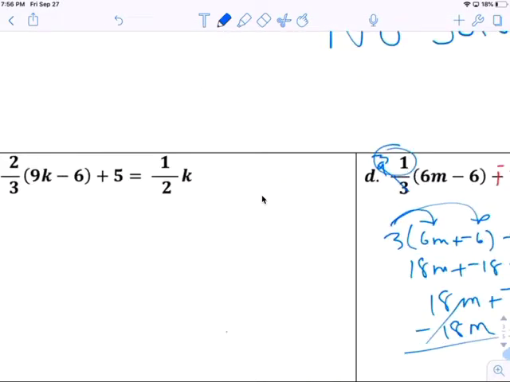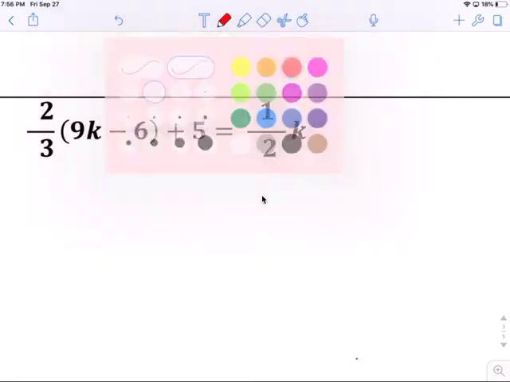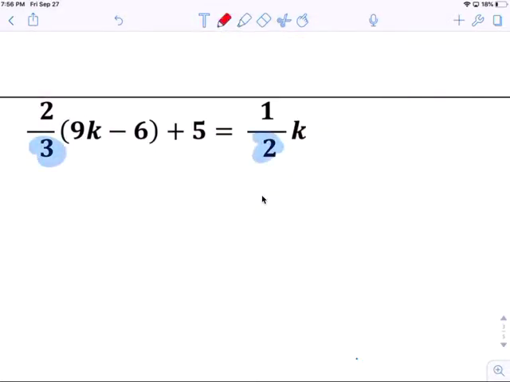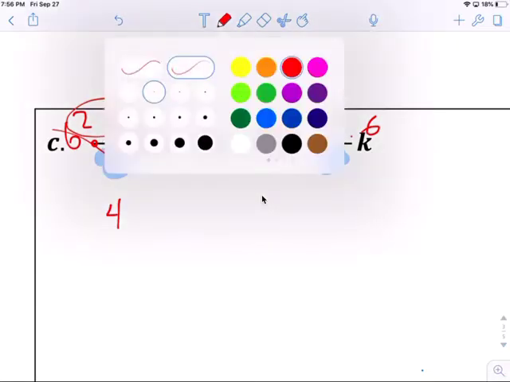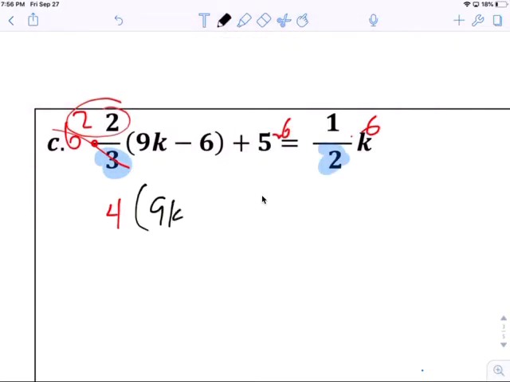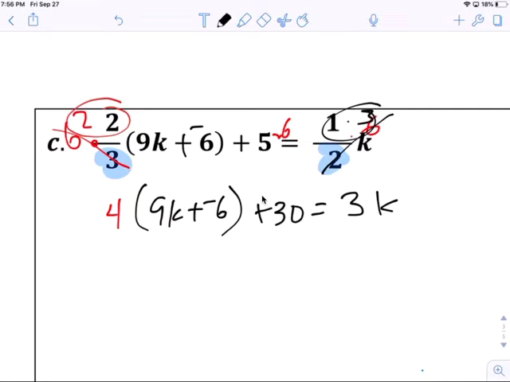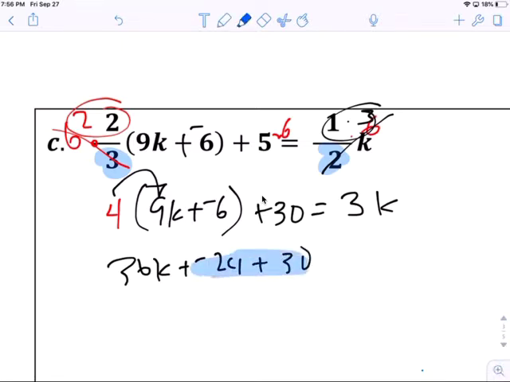Okay, least common denominator is 6, because 3 and 2 can go into 6. So times 6, times 6, times 6. 2 times, that's 4. That stays the same, 9K plus a negative 6 plus 30, 3K times that. Distribute. Combine like terms. 36K.